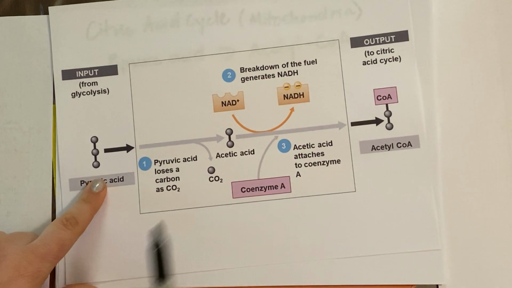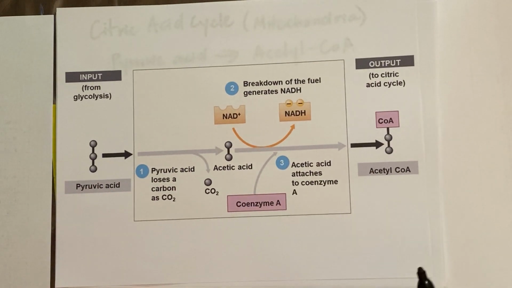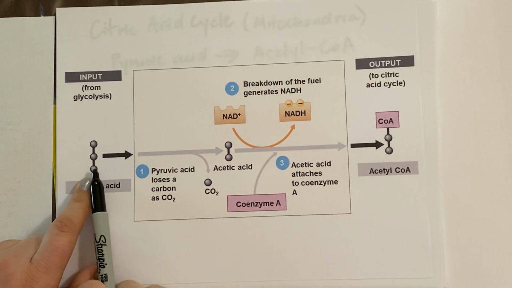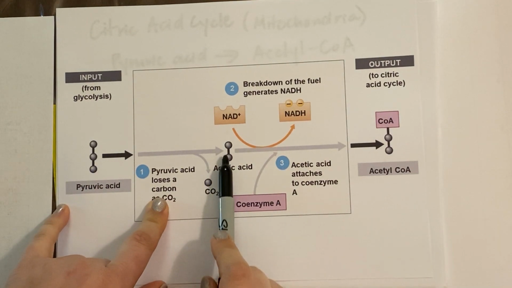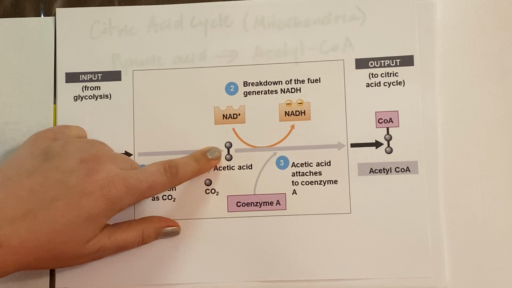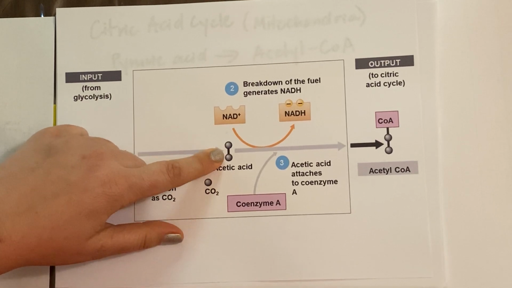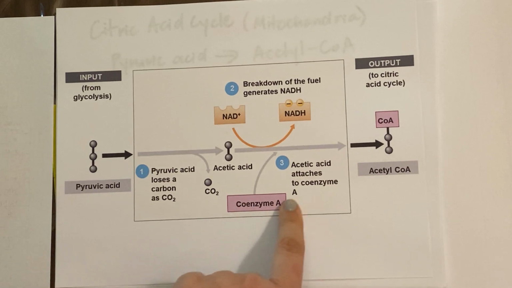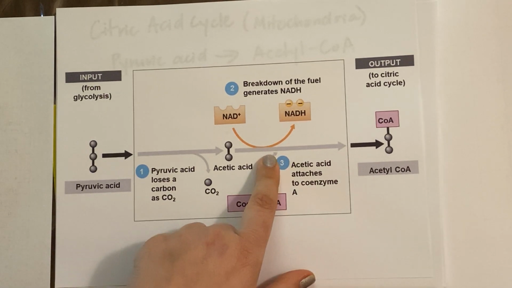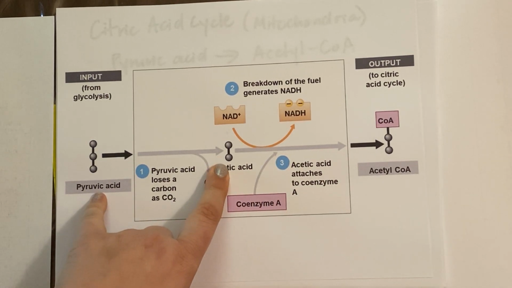We start off with a pyruvic acid, and remember there are 2 of these, so this will happen twice. Pyruvic acid loses carbon dioxide and becomes this molecule called acetic acid right here. Acetic acid is 2 carbons, and coenzyme A comes in and binds to the acetic acid.